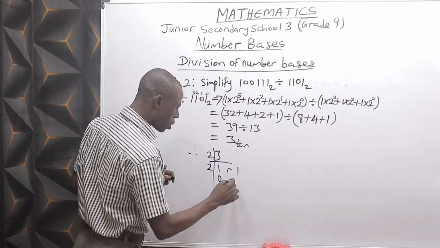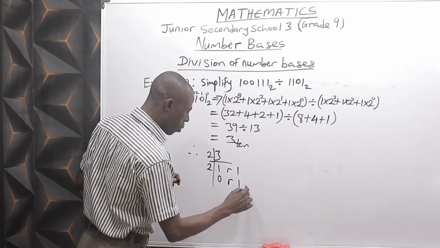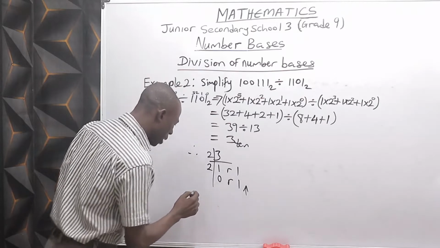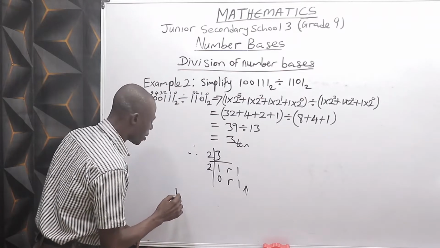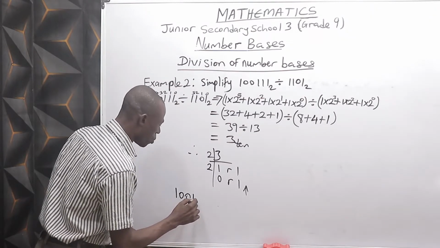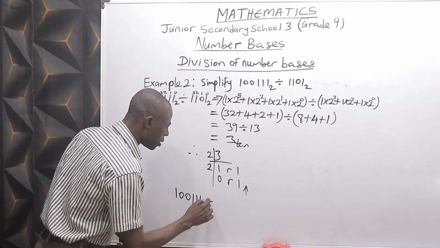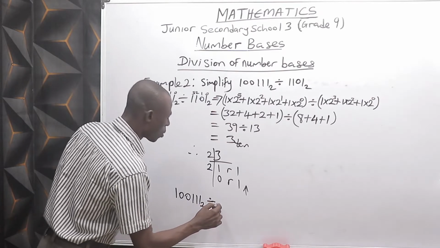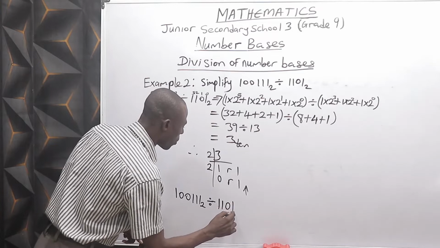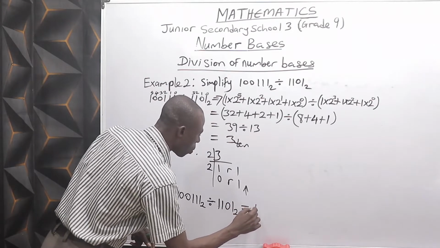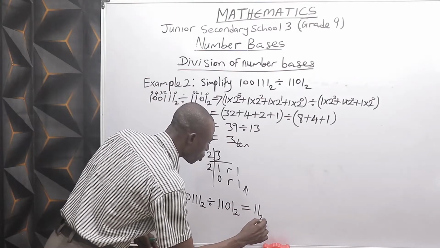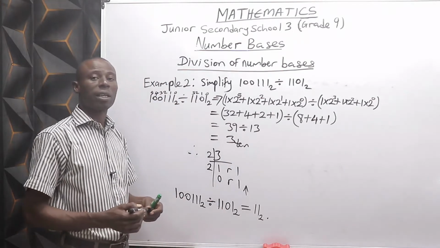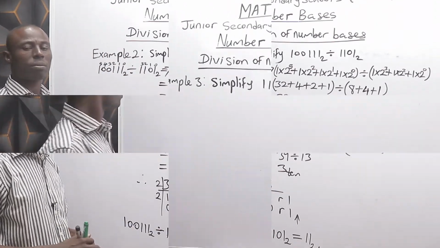Put 0, remainder 1. So arrow up like this. That means 100111 base 2 divided by 1101 base 2 gives 11 base 2 as the answer. So that is the final answer.